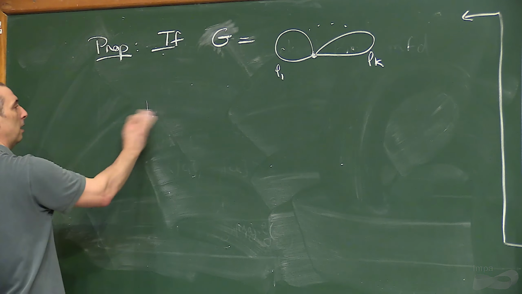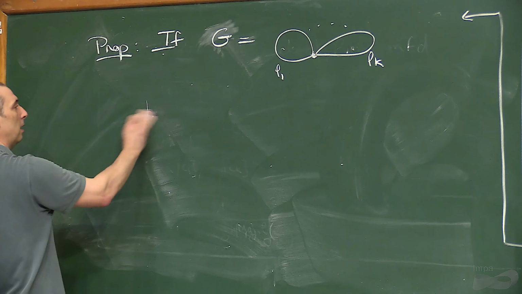So we take M to be a closed connected manifold, and we suppose that the fundamental group is not 0.